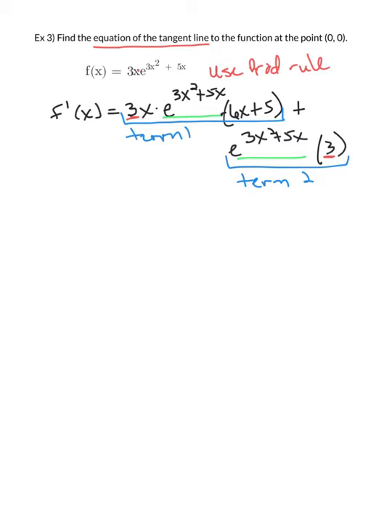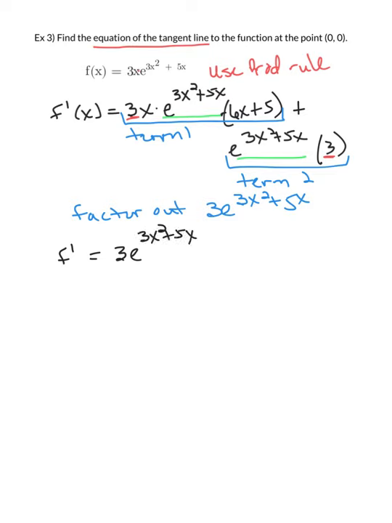So we are going to factor out 3e to the 3x squared plus 5x power. Now this is still your derivative. We're still cleaning up the derivative here. We're going to pull the 3 and the e to the power out front.